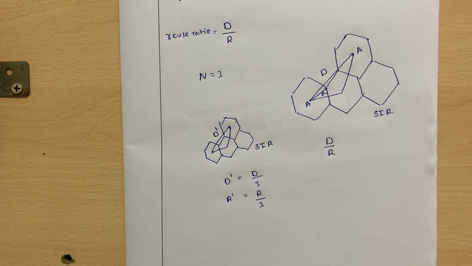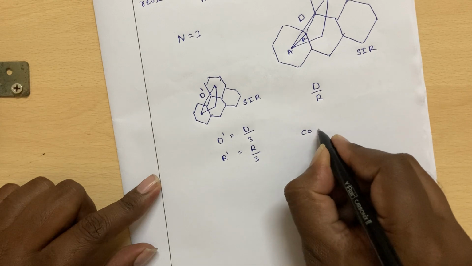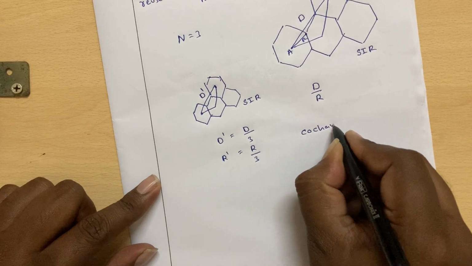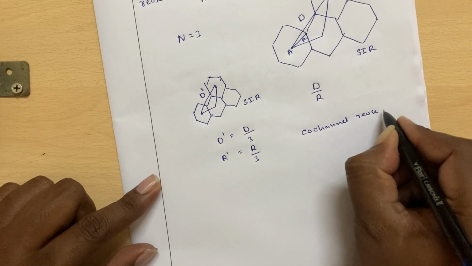It mainly depends on the reuse distance to cell radius ratio, which is called the reuse ratio or co-channel reuse ratio.